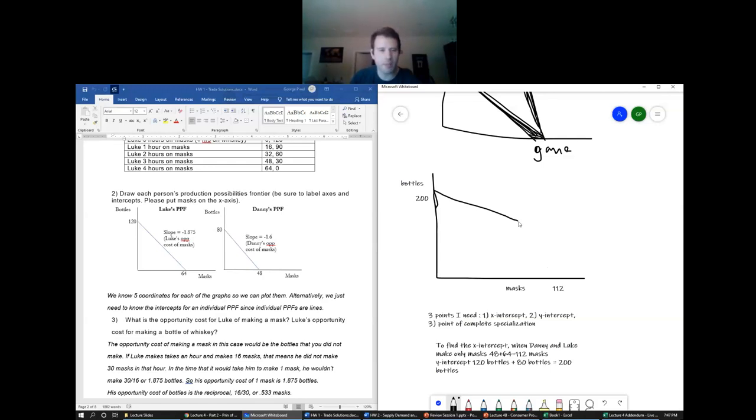And then at that point, Luke's going to be the one making masks. So in this part, the part I've drawn already, Danny's making masks and he's giving up some number of bottles in order to make those masks. And what do we call the number of bottles that Danny gives up to make masks? It's Danny's opportunity cost.